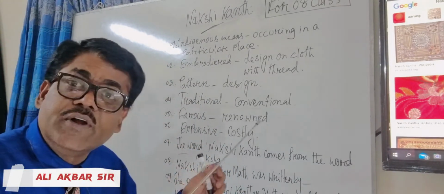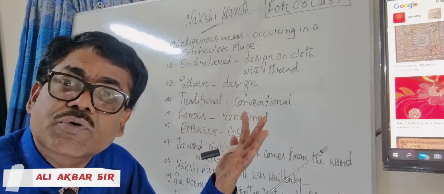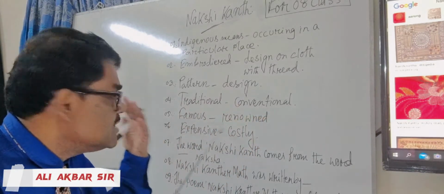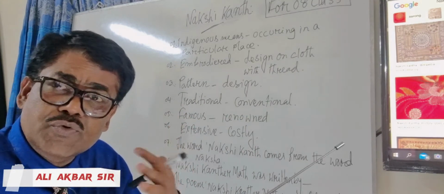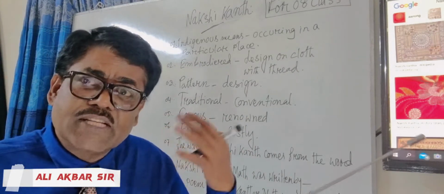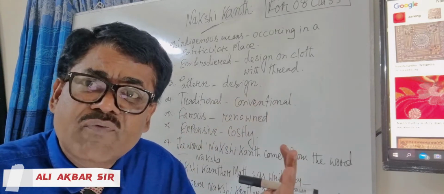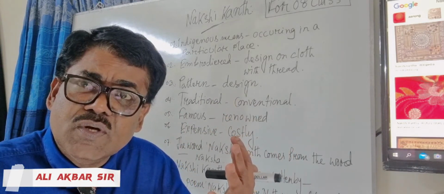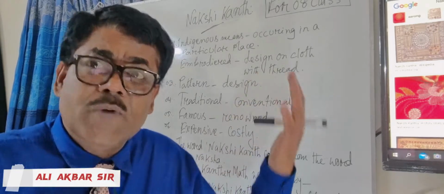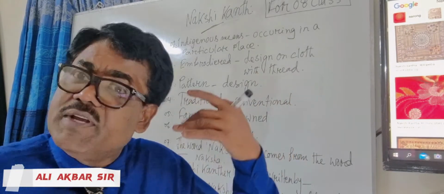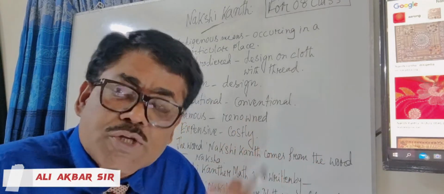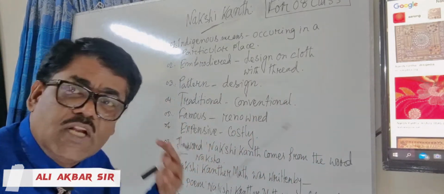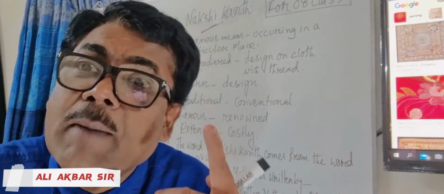Famous means renowned, bikhato. Students, next, expensive. Nowadays we use some expensive things in our daily life. Suppose a smartphone is expensive, a laptop is expensive, a smart TV is expensive. So expensive means costly. তার মানে বাংলায় দামি.